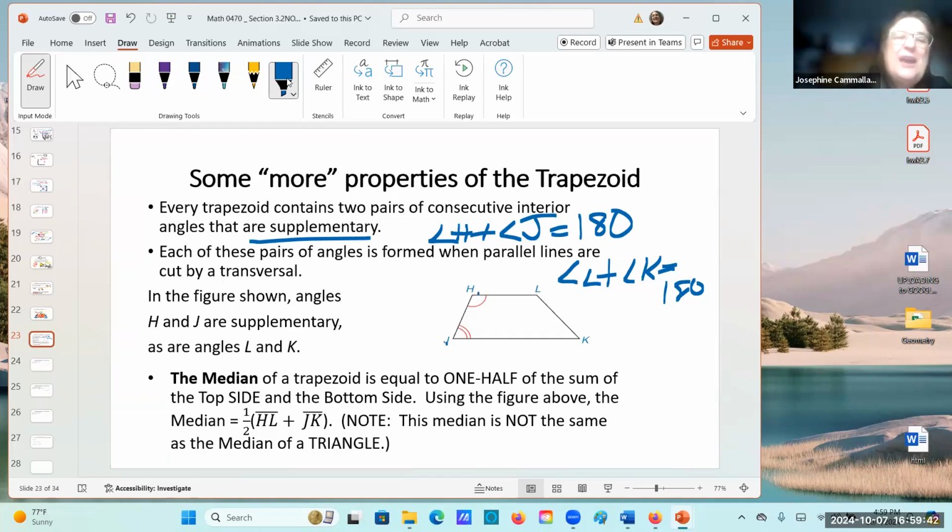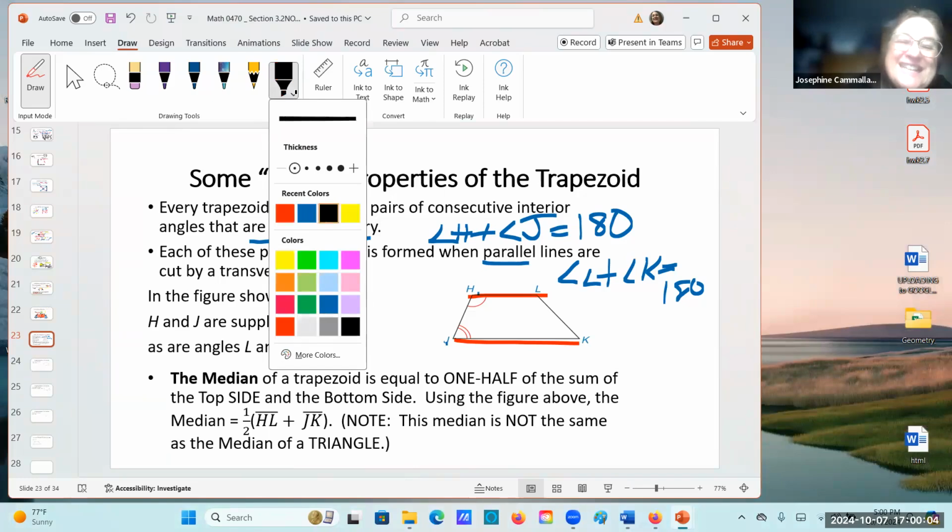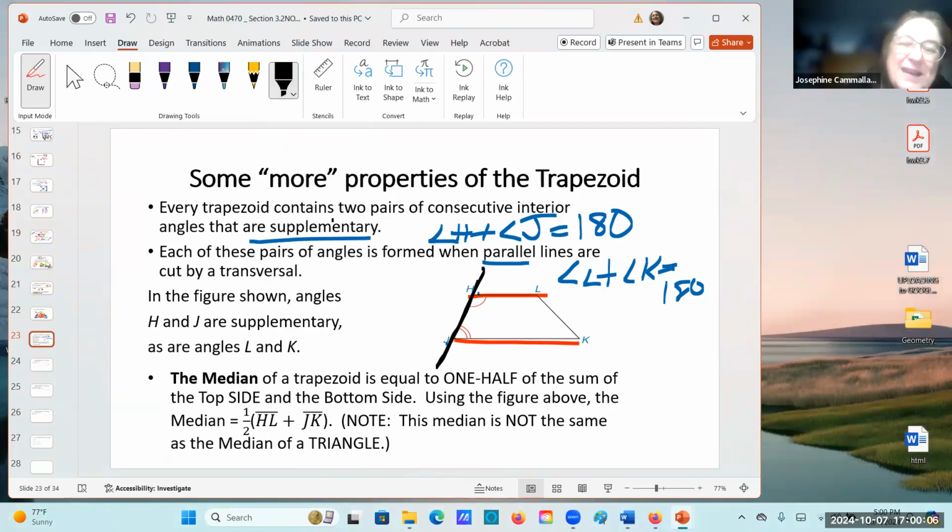Now, each pair of angles is formed when parallel lines are cut by a transversal. Now, what they're saying is, this is my parallel line, this is my parallel line. This is one transversal. That's why H and J can be the same.